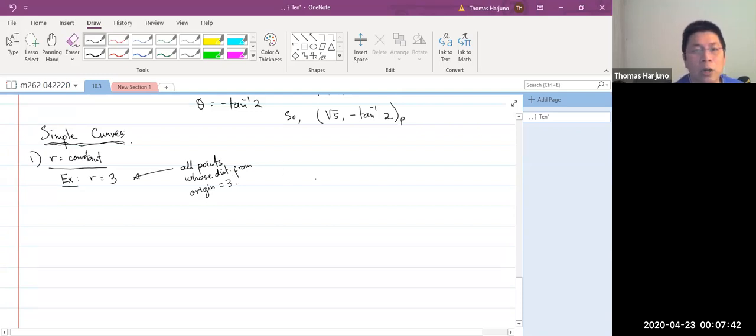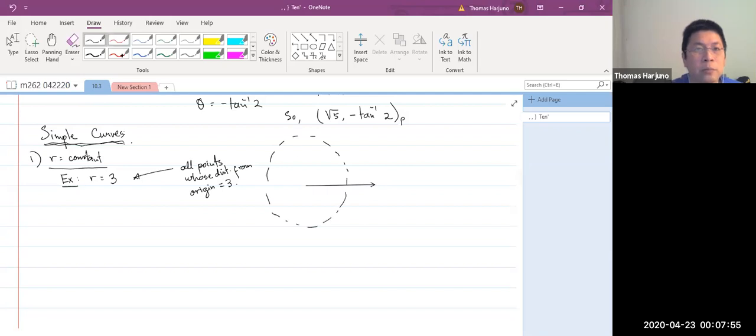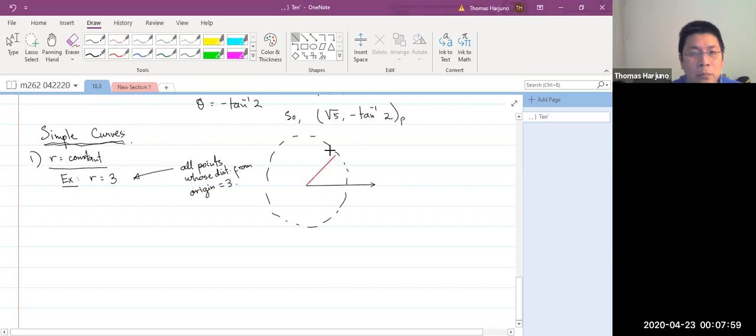All the coordinates whose distance from origin is 3. What do you see? You will see a circle with radius 3. Can you visualize that?